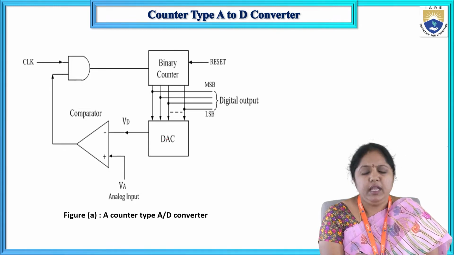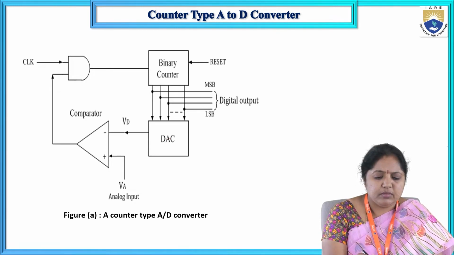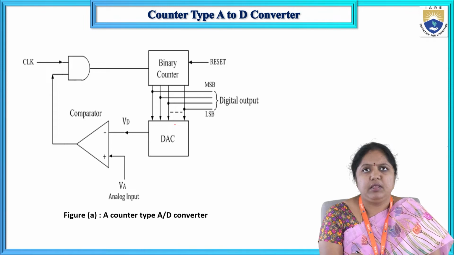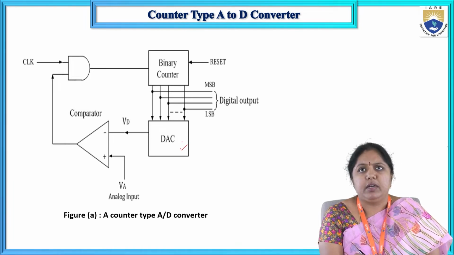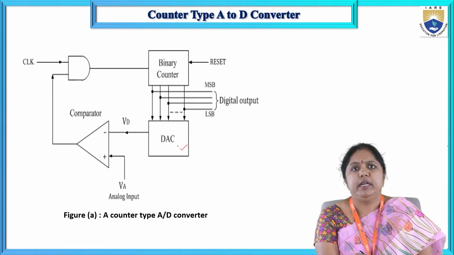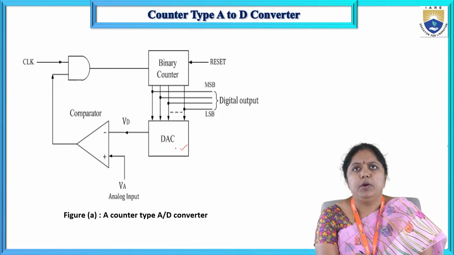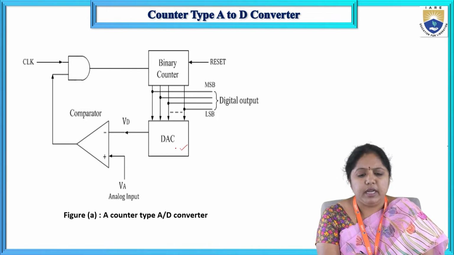Basically, the counter type of ADC block has one comparator circuit, and here a D to A converter, which will convert the digital input to the equivalent analog output form.